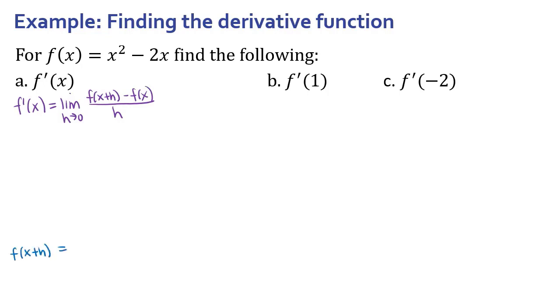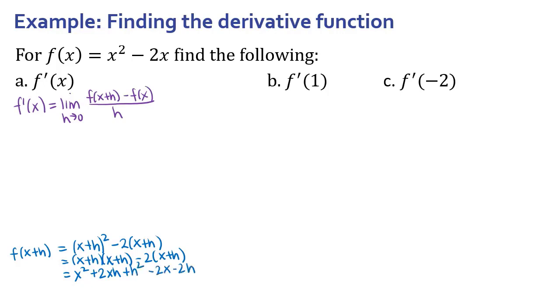So let's figure out what f of x plus h is. That's going to be x plus h squared minus 2 times x plus h. So that gives us x plus h times x plus h minus 2 times x plus h. So we get x squared plus 2xh plus h squared minus 2x minus 2h.